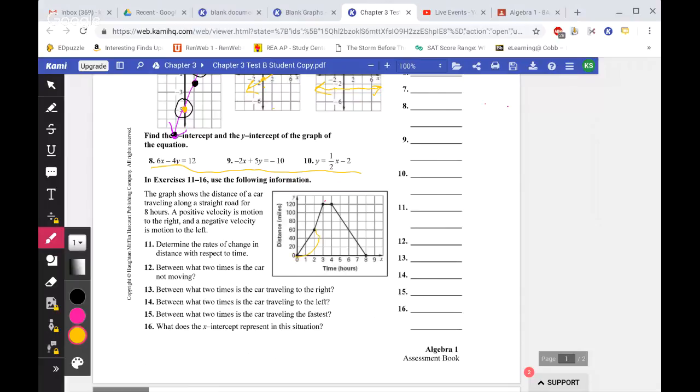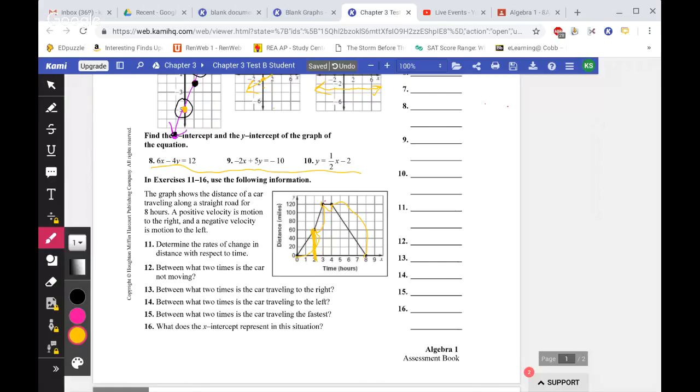So for number 11, we're actually going to have 4 answers, because we have to find the ratio of distance with respect to time from here to here, and then one from there to there, and one from here to here, and then one from here to here. So let's just start from 0 to 2.